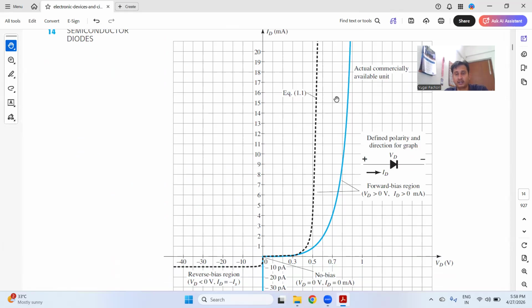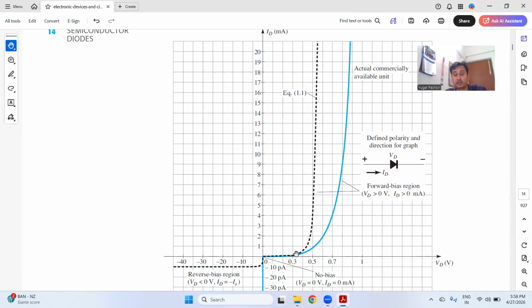So before stopping, let's understand this VI characteristic. Initially, the current is zero. As the voltage increases, the current increases. The x-axis is the voltage and the y-axis is the current. Initially, you see the current is zero. As soon as the voltage increases and crosses a certain threshold, that is the cut-in voltage, the current increases.